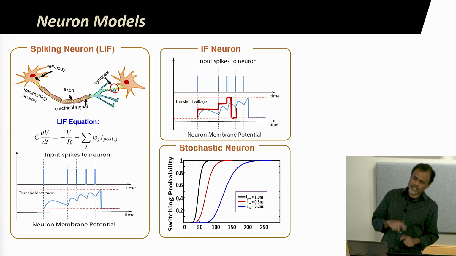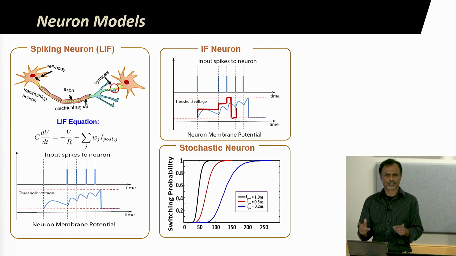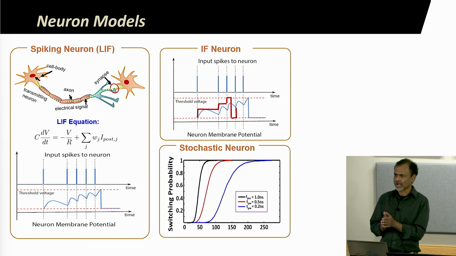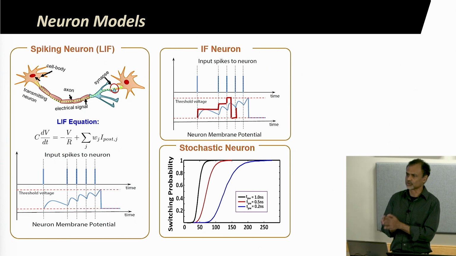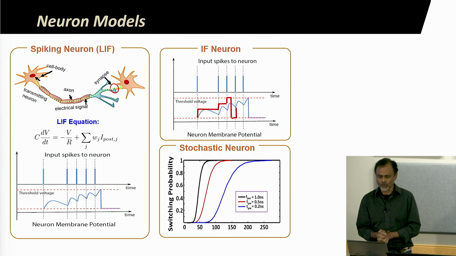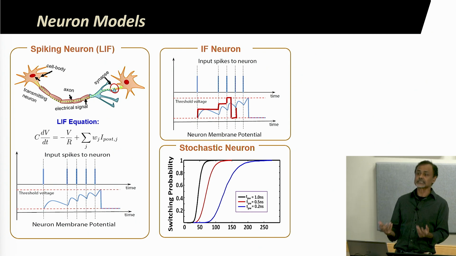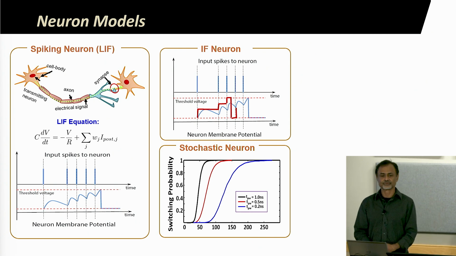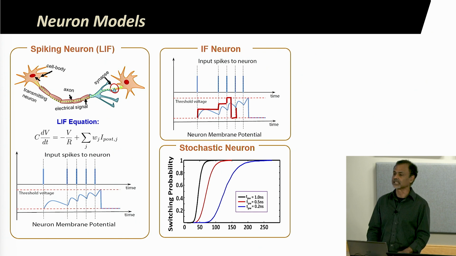If you think about it, it also behaves like a digital or a spiking neuron. Whenever the right kind of input comes in, it switches with that probability. And the reason I'm showing this neuron is because some of the devices that we have today have such probabilistic sigmoidal switching behavior. So that can potentially be useful later on as an activation function of a neuron.